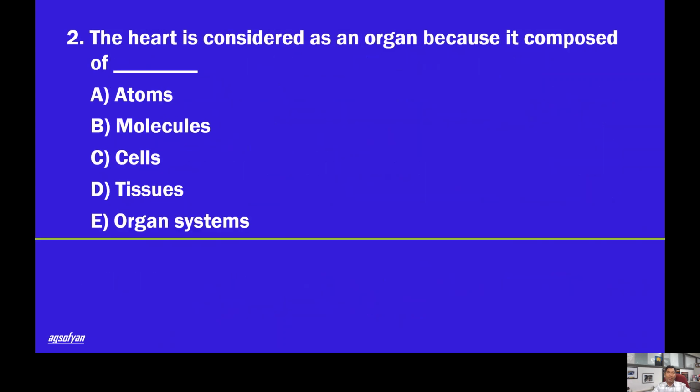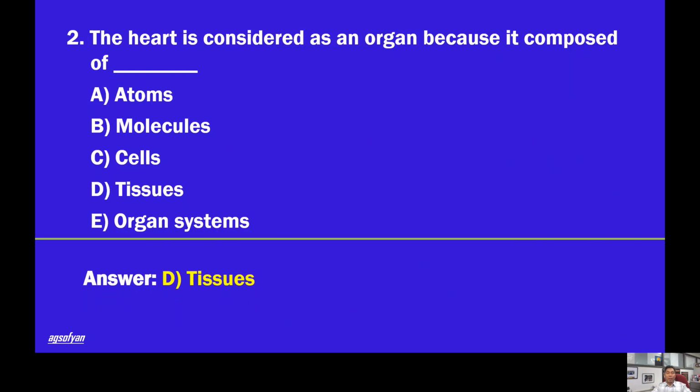Next, number 2. The heart is considered an organ because it is composed of A. Atoms, B. Molecules, C. Cells, D. Tissues, E. Organ system. Choose your answer. Yes, it consists of tissue.